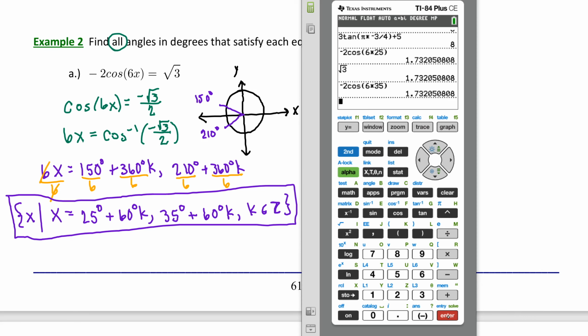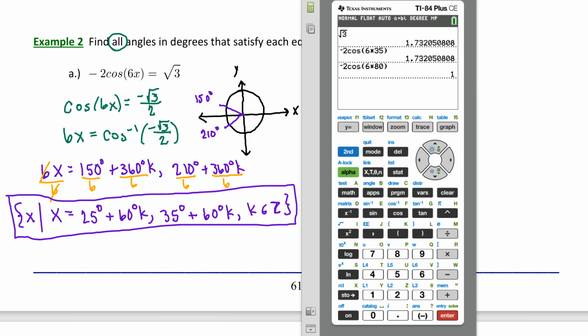Okay, now let's test out the expression with k. If k equals 1, another answer would be 25 degrees plus 60 degrees, or 80 degrees. So we can evaluate -2 cosine of 6 times 80 degrees, and well, that didn't work. I'm supposed to be doing 85, right? 25 degrees plus 60 degrees is 85 degrees.